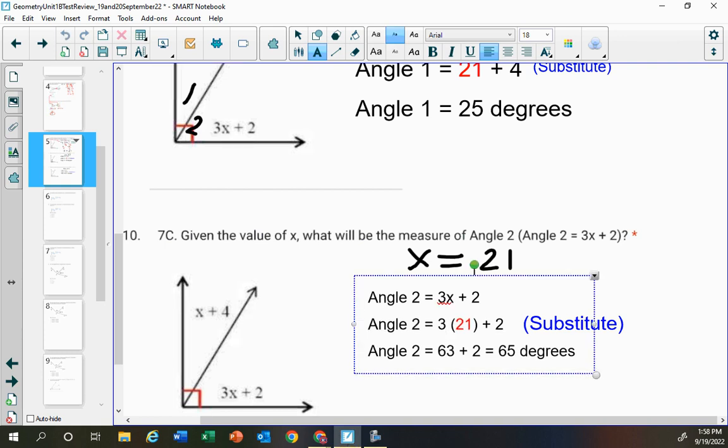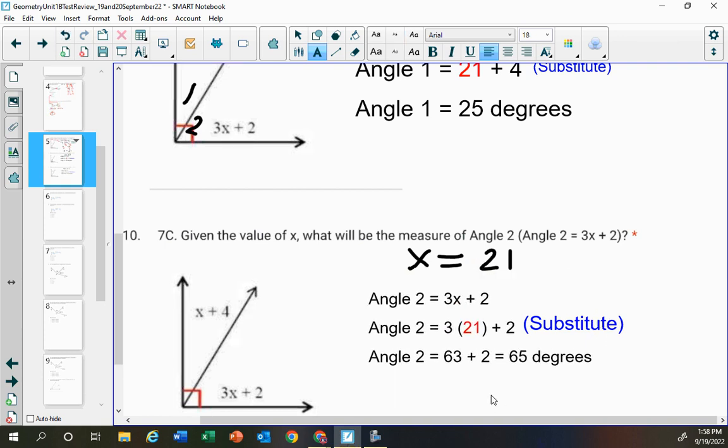You could have also said 90 minus 25, because the sum of these two angles has to add up to 90. So if this is 25, this other one has to be 65. So you could have done it that way too. I would have given you full credit. Okay, questions on 7 A, B, or C?